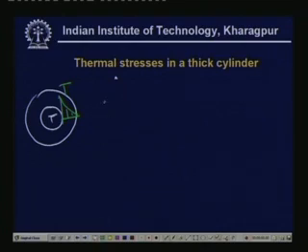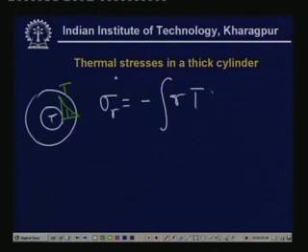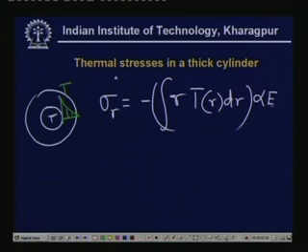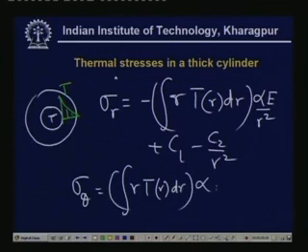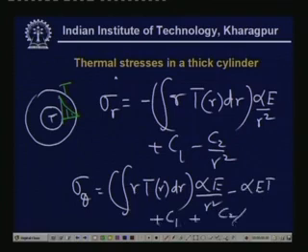sigma r is equal to minus integral of r T as a function of r dr times alpha E divided by r square plus C1 minus C2 by r square, and sigma theta is equal to again integral of r T dr times alpha E by r square minus alpha E T plus C1 plus C2 by r square.